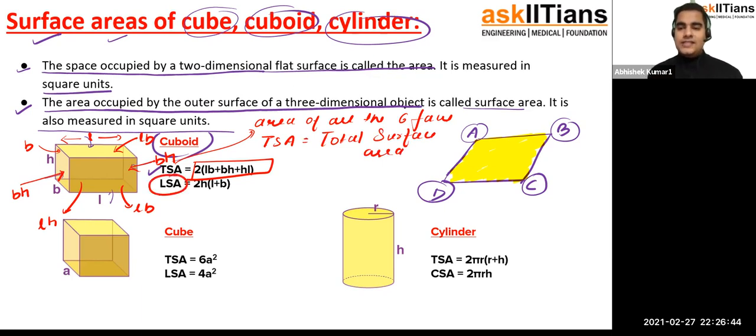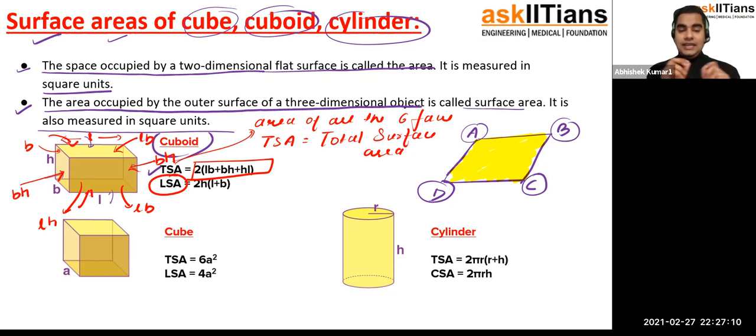Clear? What is the meaning of lateral surface area? You have this cuboid in front of you. If you exclude the area of this top and this bottom, then the area of the four sides which are remaining, let's say you are sitting in a room. In a room, if you exclude the area of the top and the bottom, then the area of the four walls that you have, we call that the lateral surface area.